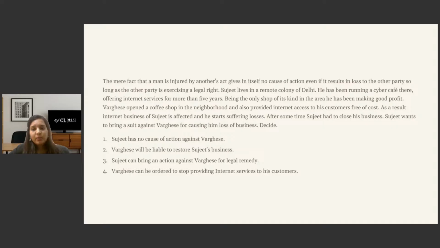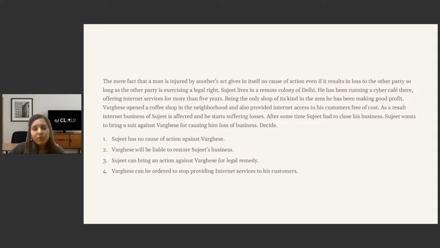Sujit lives in a remote colony of Delhi. He has been running a cyber cafe there, offering internet services for more than 5 years. Being the only shop of its kind in the area, he has been making good profit. Verghese opened a coffee shop in the neighborhood and also provided internet access to his customers free of cost. As a result, the internet business of Sujit is affected and he starts suffering losses.